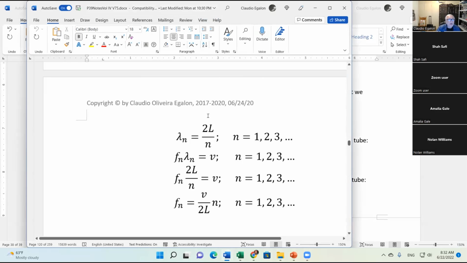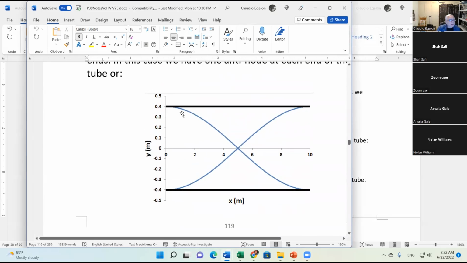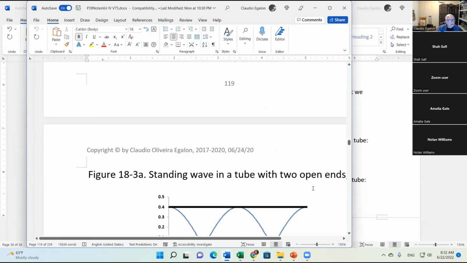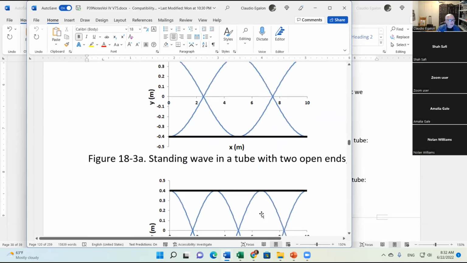Okay, so here you go. That's 1 lambda divided by 2 is equal to L, right? Here you go, 2 lambda divided by 2 is equal to L, and so on.